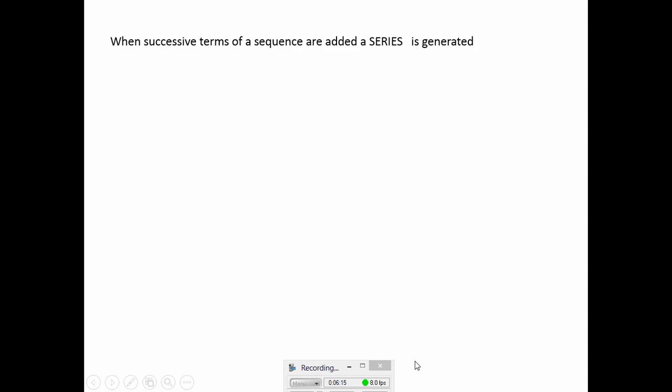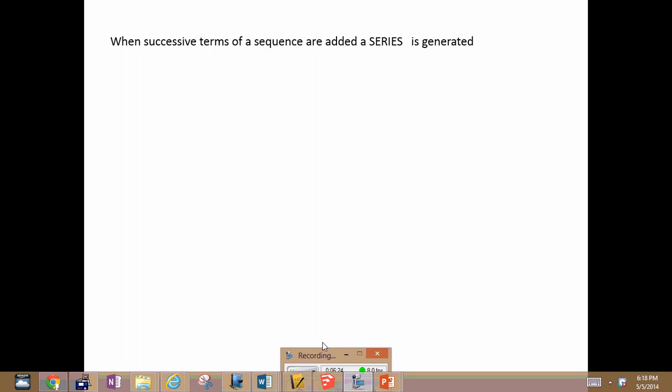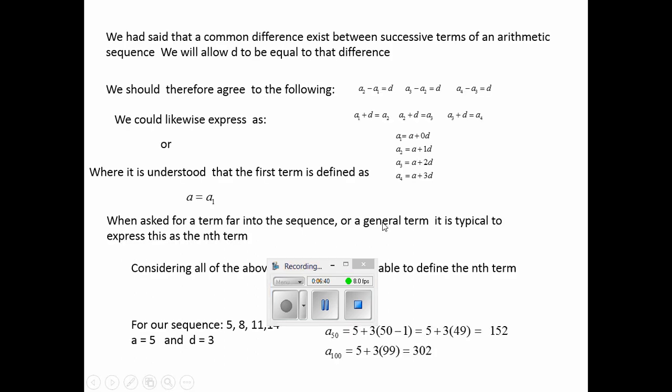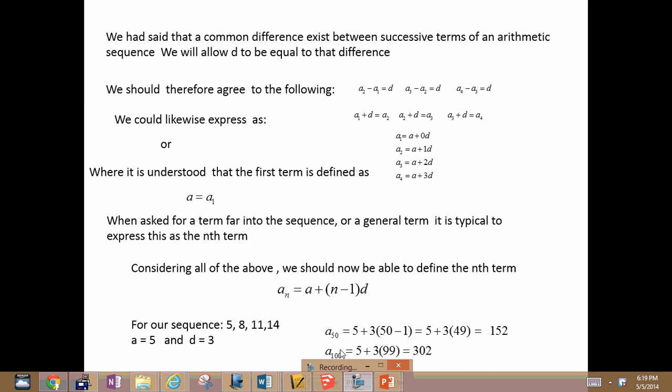Okay, now up to now we've been talking about sequences, and as a matter of fact, I think I might leave it at that and resume in the next presentation with series. So, okay, what we found out here was that we have a formula for finding the nth term of an arithmetic sequence.